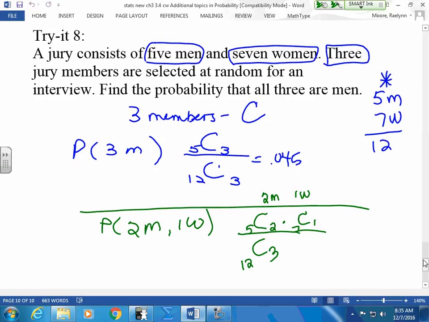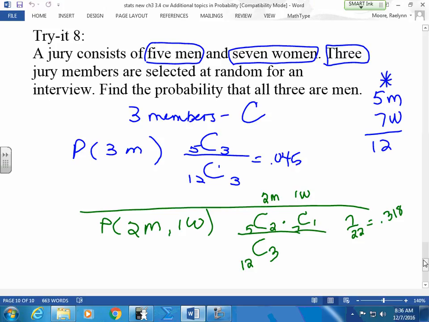What'd you get? 7 over 22? And to get a decimal by any chance? I didn't work this one out. Point 2318. Okay, good. So are we kind of seeing these combinations?